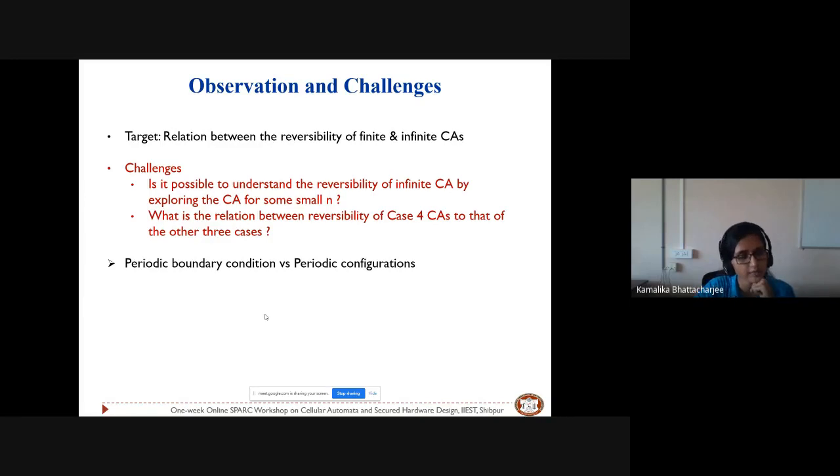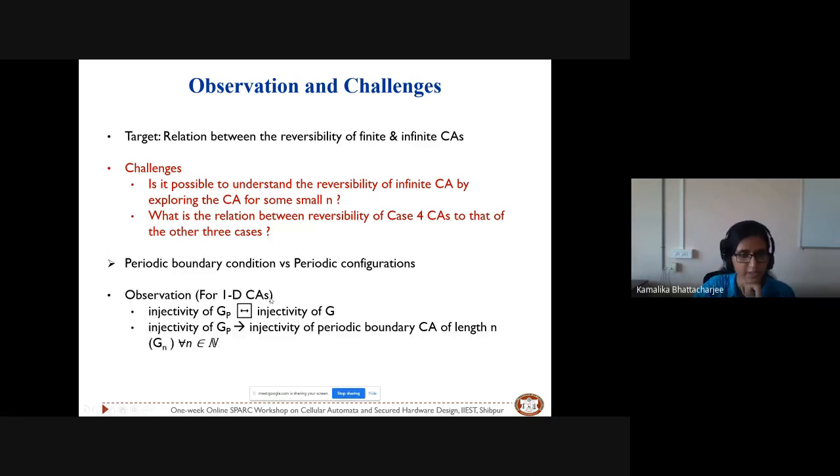Now you might remember that in the last day's classes, it was already discussed that periodic boundary condition and periodic configuration have some equivalence. So we can extrapolate about periodic configuration's behavior from the periodic boundary condition itself.